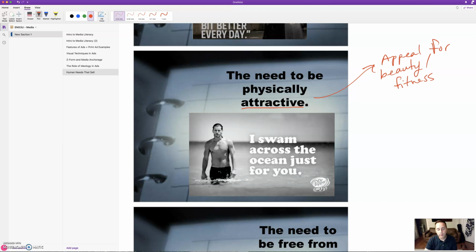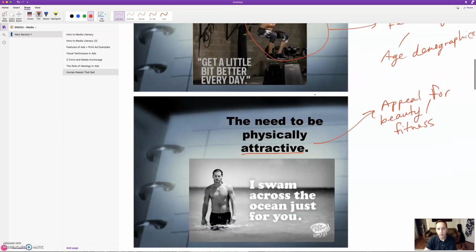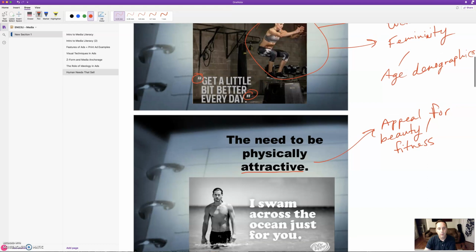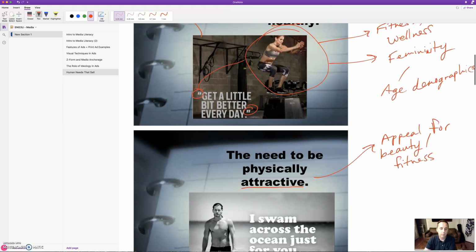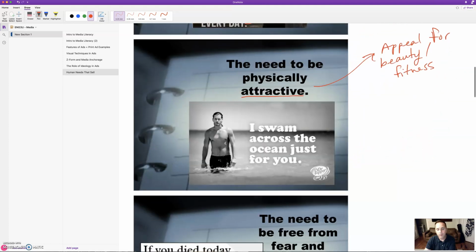So look at the text, the symbols and the images and so on. Oh, and by the way, notice how the previous ad had this in quotes. So who's saying that? Probably this lady is making that statement. So pay attention to that. I forgot about the punctuation there.